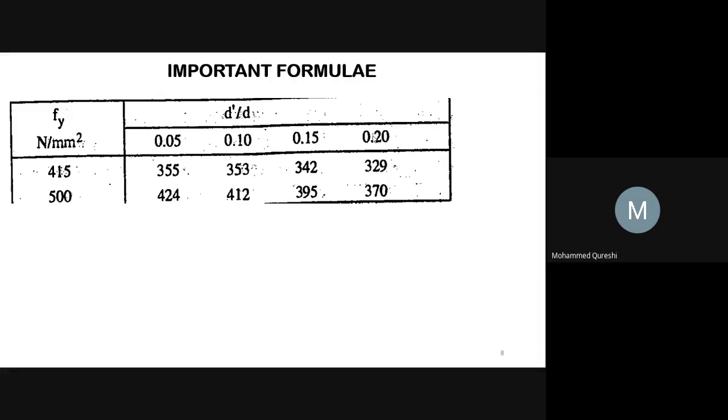Hence, we have to calculate both these values. And for calculating the value of Fcc, we have to use the equation 0.446 Fck. This equation lies in SP 16, page number 13.